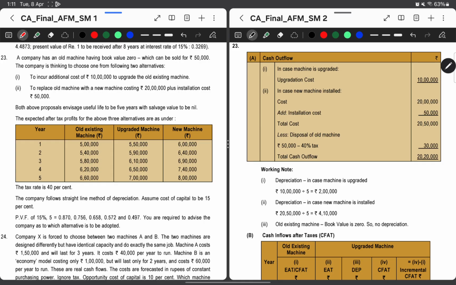The expected after tax profits, so they've given after tax profits for the above three alternatives.